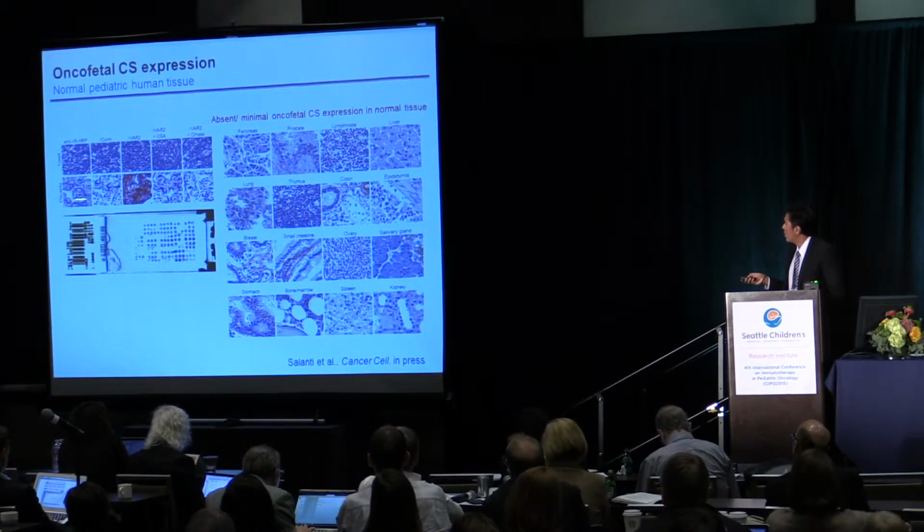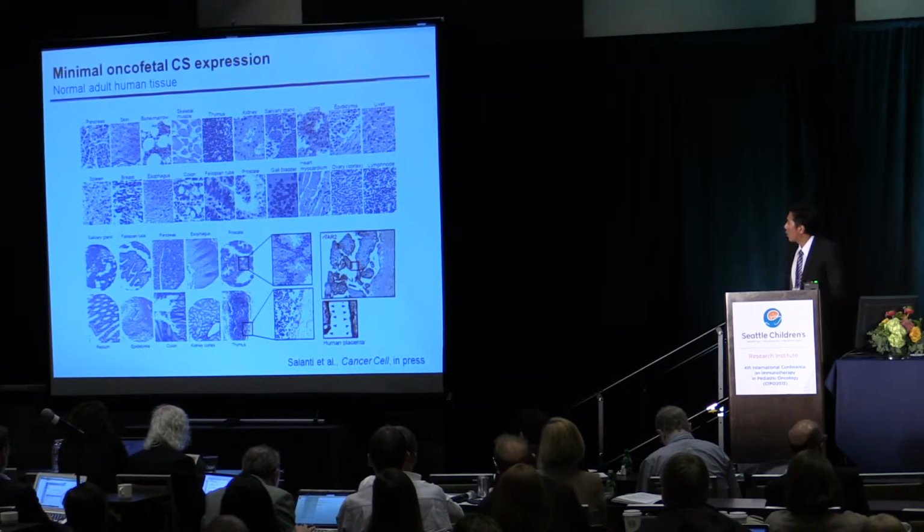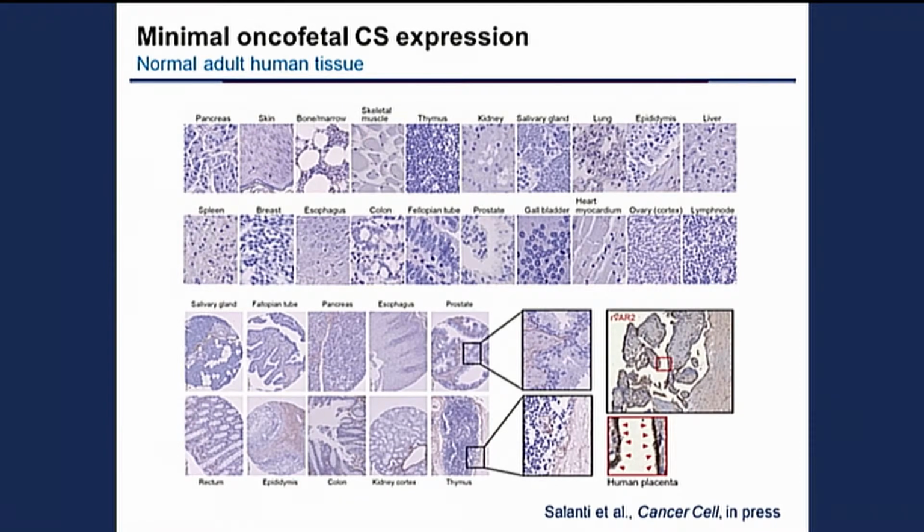And here again, we can inhibit the binding of VAR2 by adding purified CSA or by chondroitinase treatment. We also screened adult human tissue, and VAR2 shows strong binding only in the placenta. Here you can see the trophoblastic binding of VAR2 in the human placenta, but not in the other normal tissue.